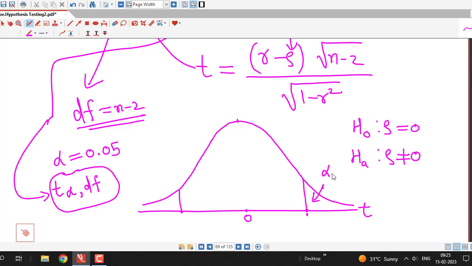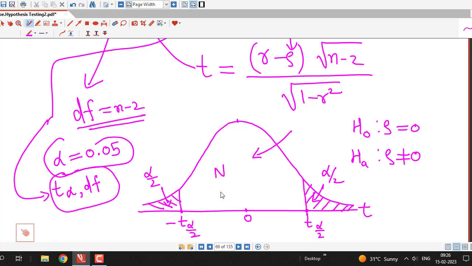This critical point is denoted by t alpha by 2, and this critical point is denoted by minus t alpha by 2. The regions to the right of the positive critical value and to the left of the negative critical value are the rejection regions, and the region between these two points is the non-rejection region.